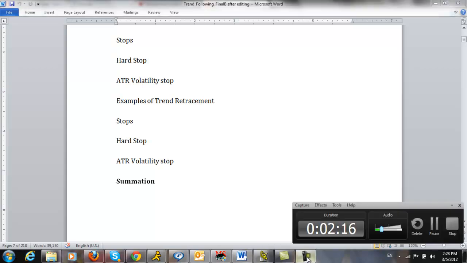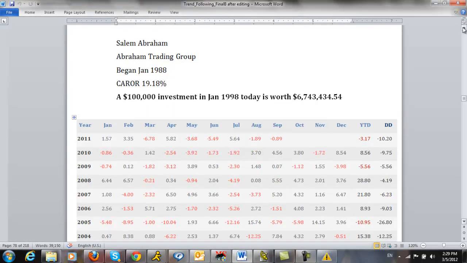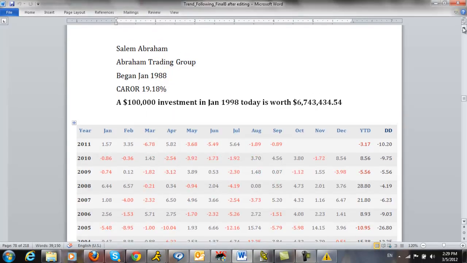Let me jump a little bit here. What the course goes into is almost like the proof of concept of trend following. With the permission of isag.com, they have a list of month-to-month results of about 600 trend followers, but there's a handful of them that really understand risk, and some of these guys I've invested with myself.